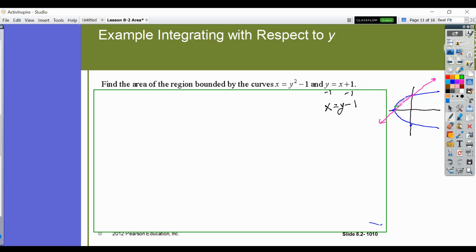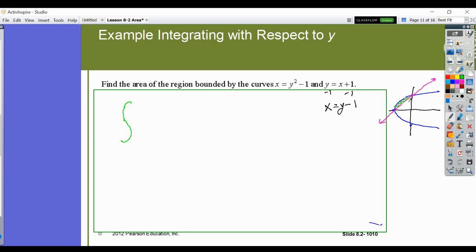I could do horizontal rectangles and then do the integral of that. So if we turn it sideways, our integral is with respect to y, so you need to use y interval here.